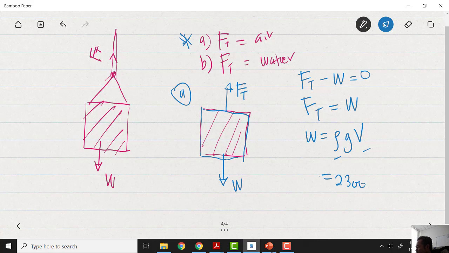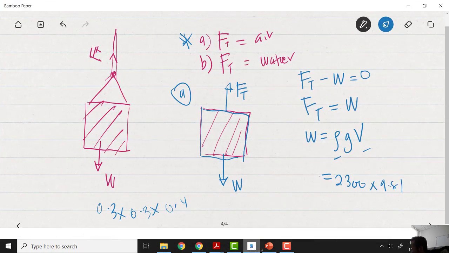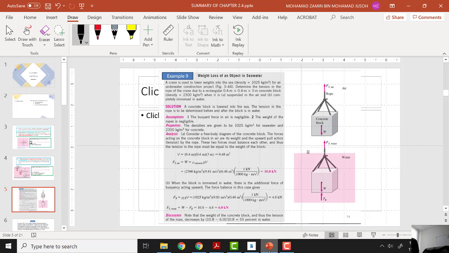2300, and then times g 9.81, and then times V. We already know that V is the block, 0.3 times 0.3 times 0.4 times 3.